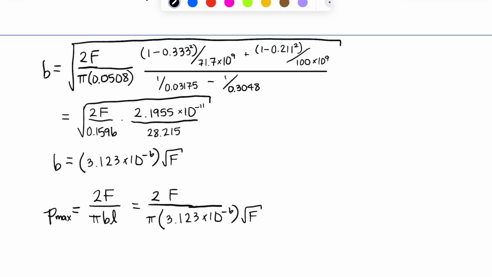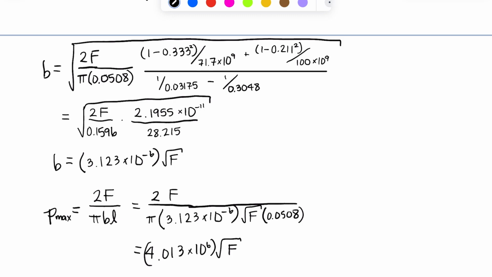And we also need down here to multiply by the length, which was 0.0508 meters. And when we do that, we find that this turns into 4.013 times 10 to the 6th power times the square root of F.